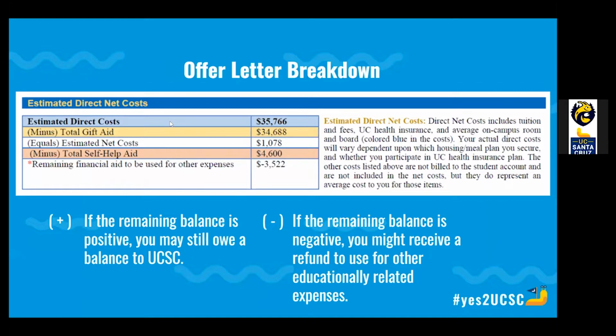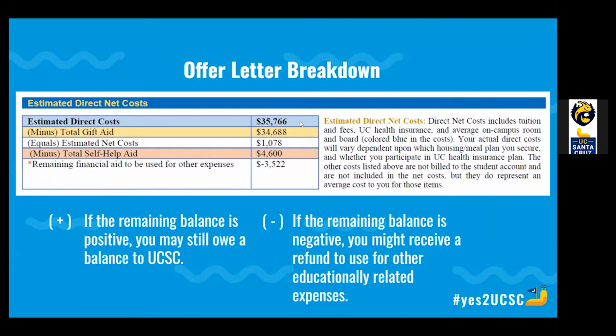So we've gone back through and highlighted your direct costs. So the direct costs are what was highlighted in blue. This includes tuition and fees, campus health insurance, and room and board. For an on-campus freshman, that's around $35,766.